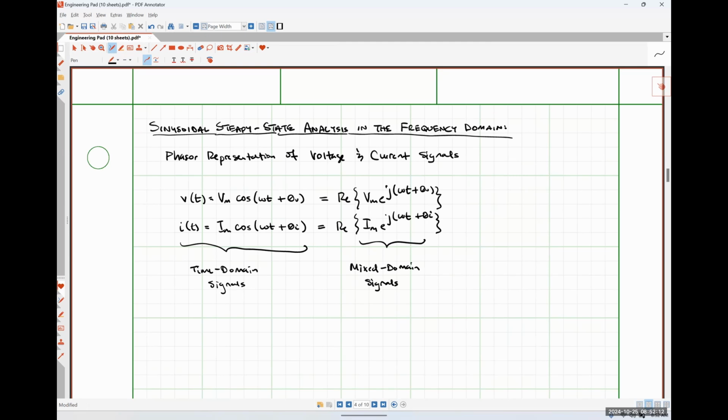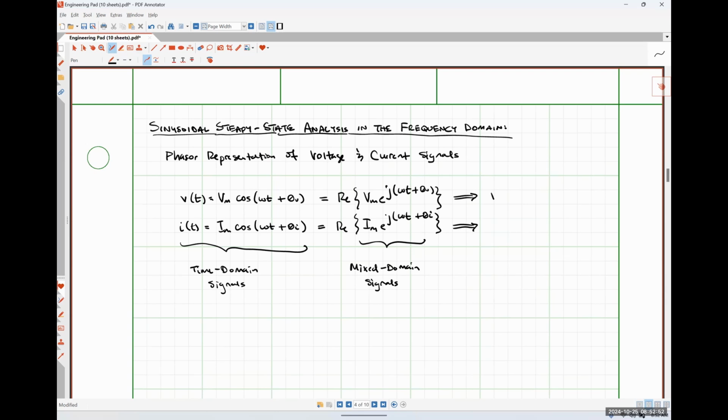And what I mean by that is effectively they are just an intermediate step between the time domain and what we're going to call the frequency or phasor domain, okay? So over here to the right-hand side, I'm now going to introduce our frequency domain signals, okay? And these are what we call our voltage and current phasors, where, for what it's worth, the word phasor is just a portmanteau of the words phase vector, okay?